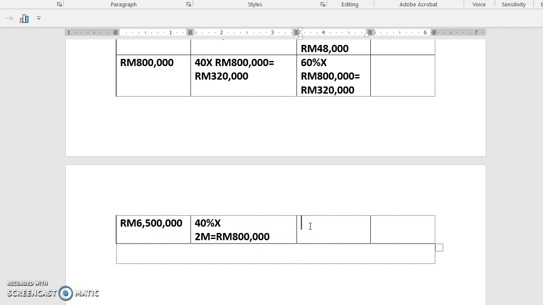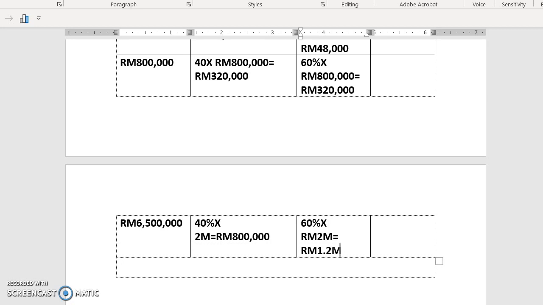So the quota share paid by the reinsurance company is 60%, but we just have to times with the maximum limit, which is 2 million. So the amount will be 1.2 million, because the maximum limit is only 2 million, not 6.5 million.